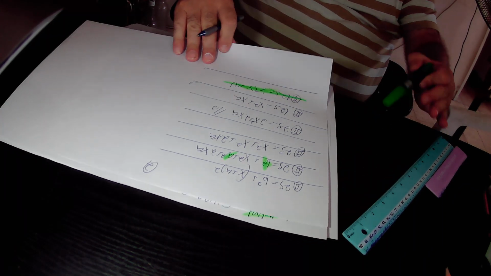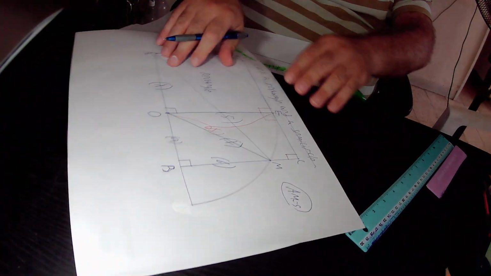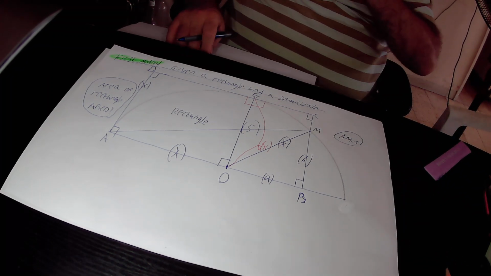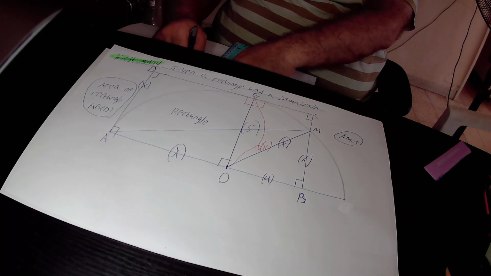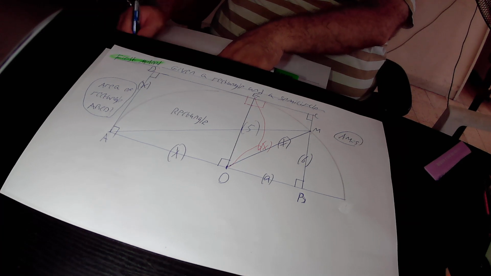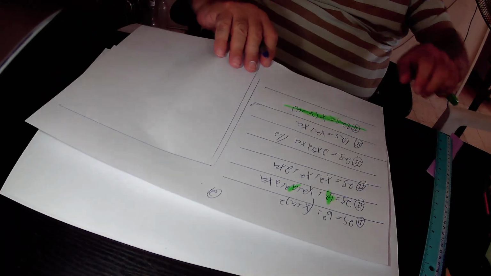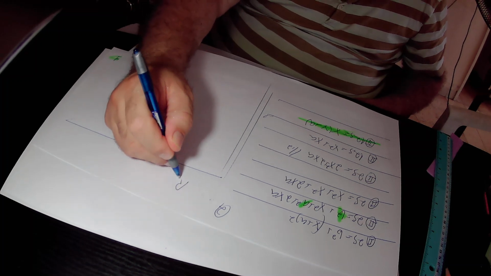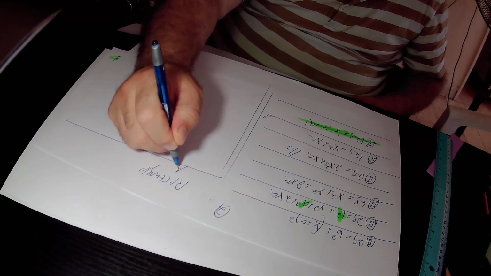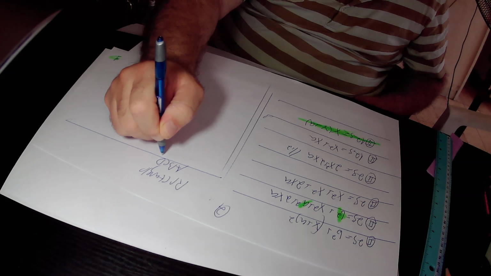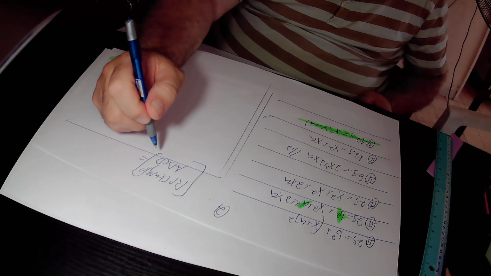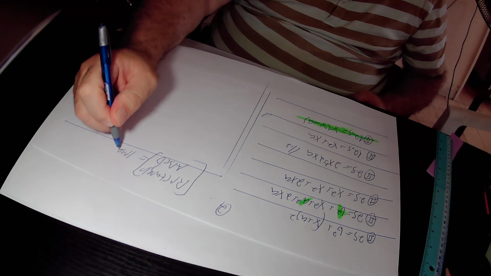Our mission is to find the area of this rectangle ABCD. So what is the area of rectangle ABCD? We know that the area of any rectangle equals the length of the rectangle times the width.